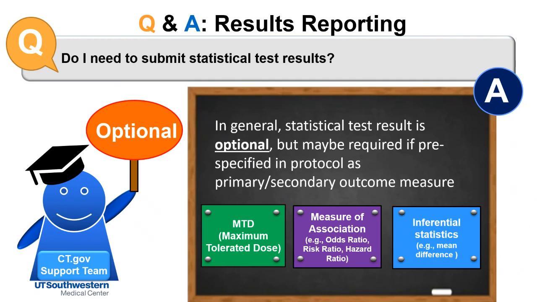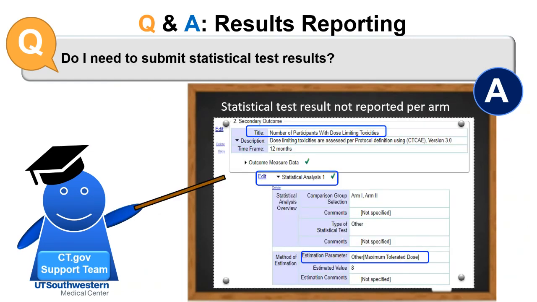So what would you do, since ct.gov requires outcomes to be reported per arm? These statistical results should be reported in the statistical analysis section attached to the outcome measure section using the Add Statistical Analysis link.